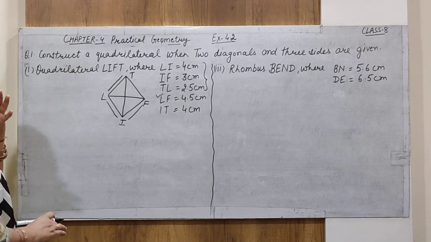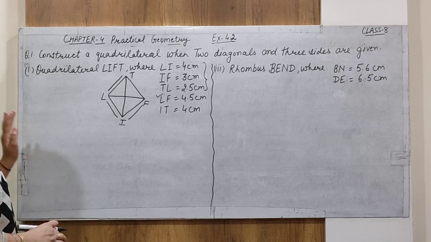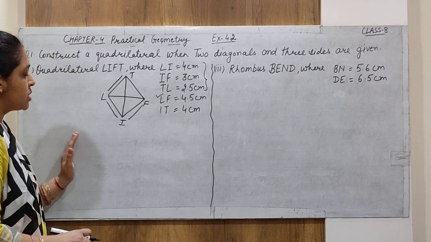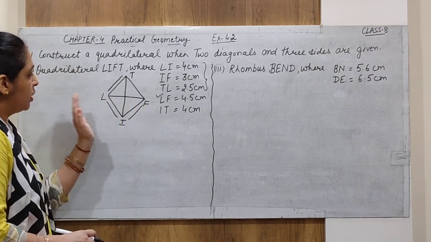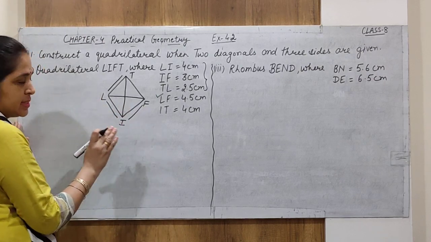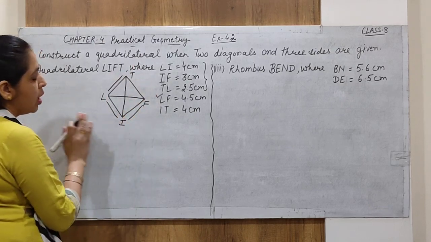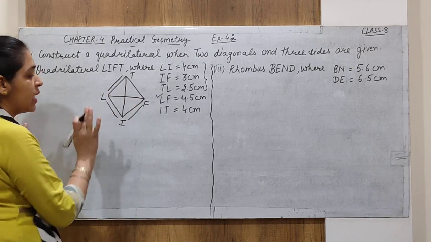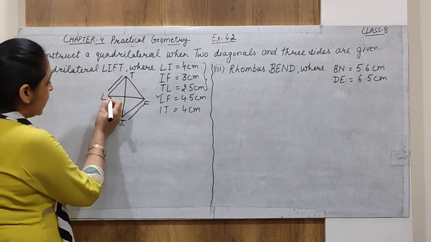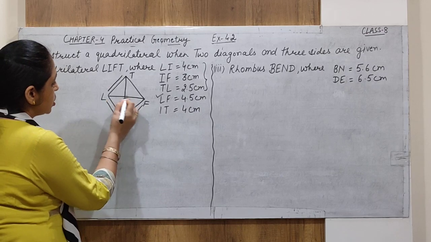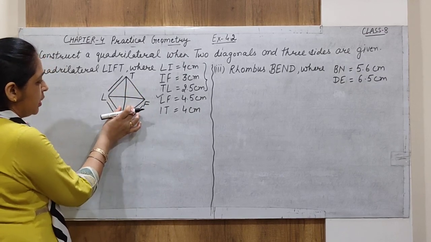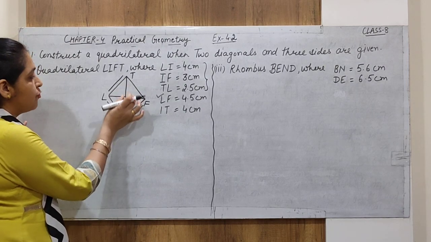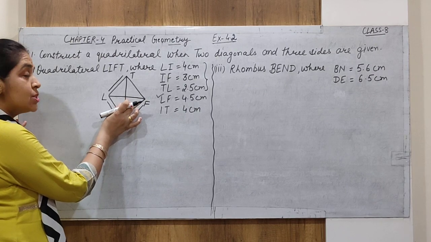Now let us start to draw the final figure with the help of the compass and the pencil. First of all, what is the base? As I told you yesterday, when we draw a quadrilateral, we start with a diagonal. You can select any diagonal, because each diagonal divides the quadrilateral into two triangles and acts as the base for the triangles.